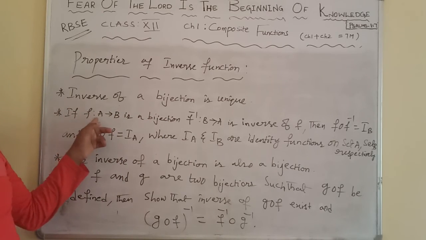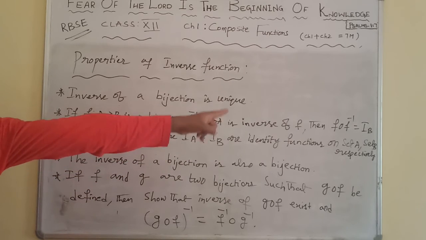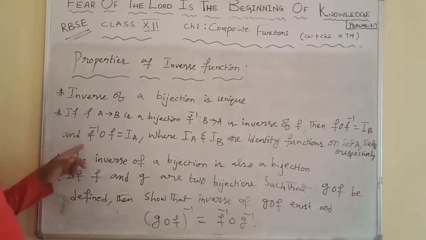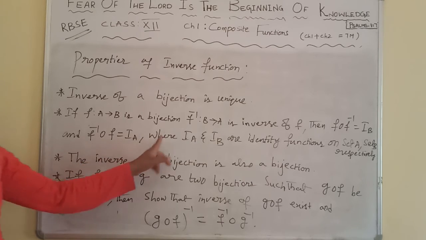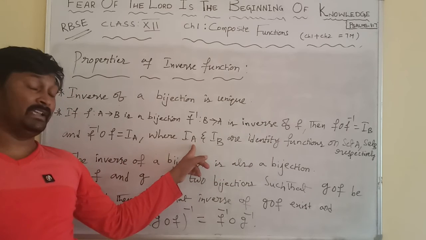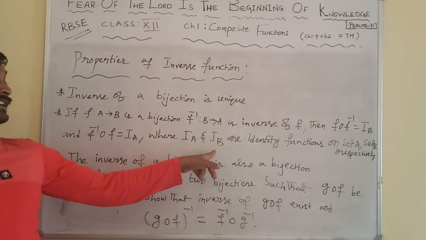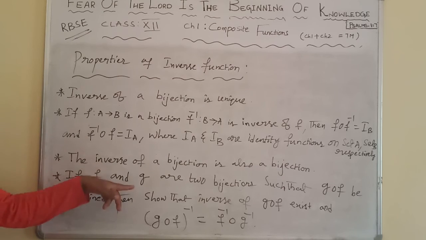Second, if f from A to B is a bijection and f inverse from B to A is the inverse of f, then f circle f inverse is equal to I_B and f inverse circle f is equal to I_A, where I_A and I_B are the identity functions on sets A and B. Third, the inverse of a bijection is also a bijection always.